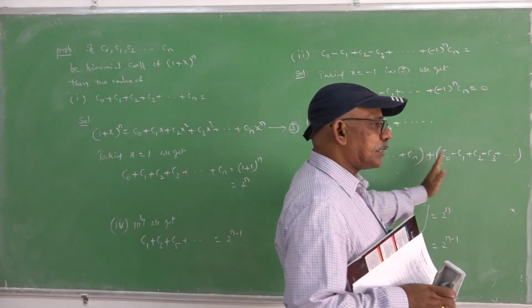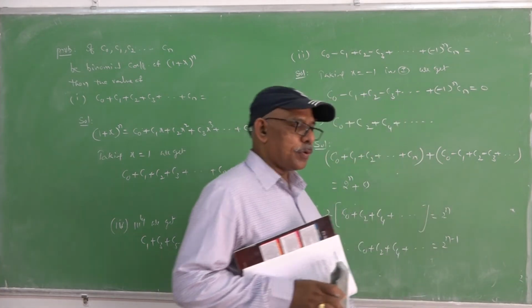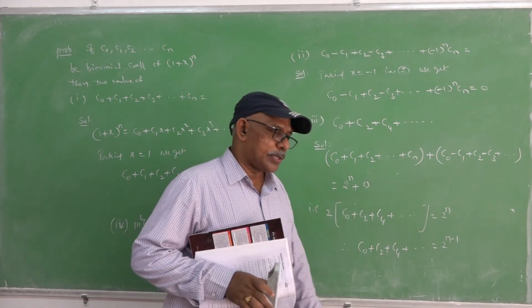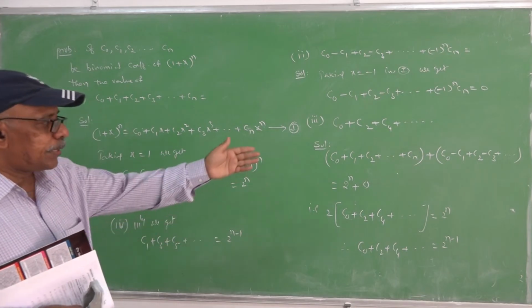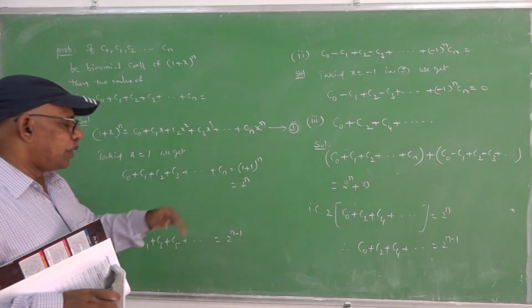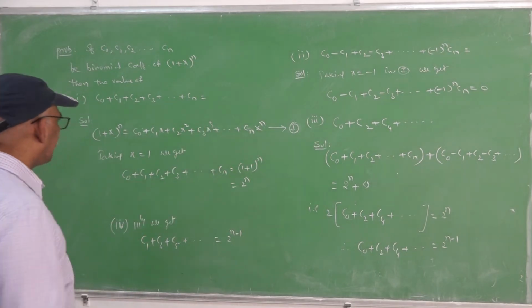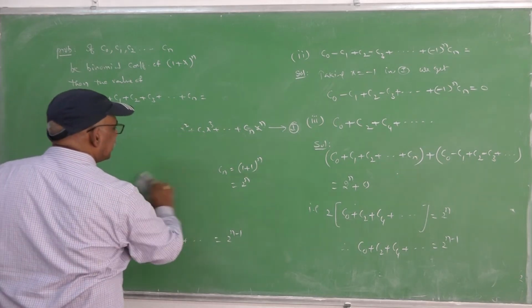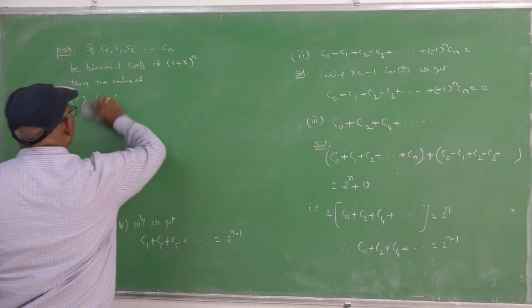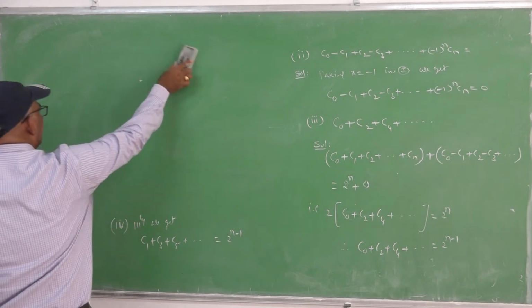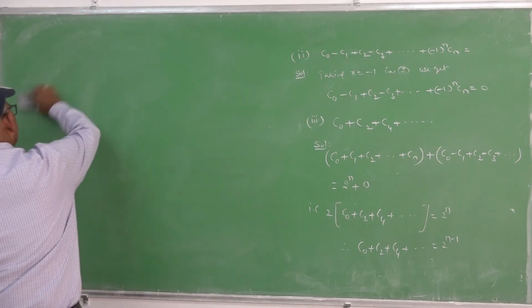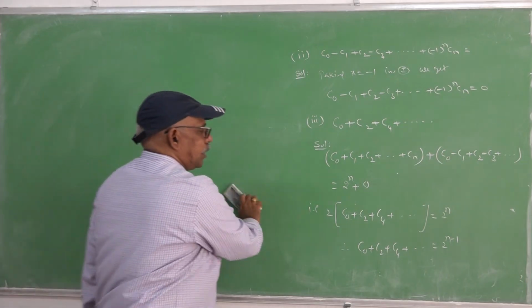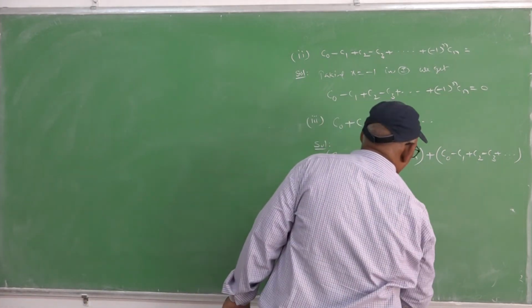Only sum of even suffixed binomial coefficients is 2 power n minus 1. Similarly, odd suffixed binomial coefficients, by taking subtraction of 1 and 2, we get 2 power n minus 1. Like that, you can develop different results by taking different values for x.